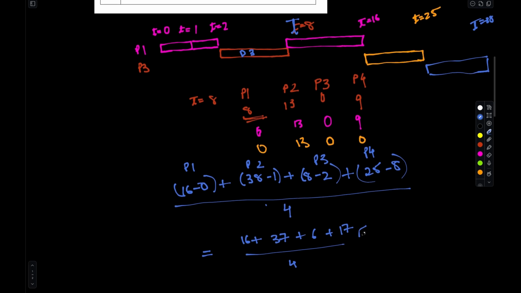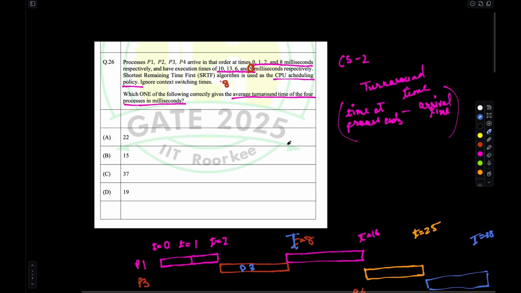And this will be roughly equal to 76 by 4, giving us 19 milliseconds as the average turnaround time for these processes. So option D becomes the right answer for this question.